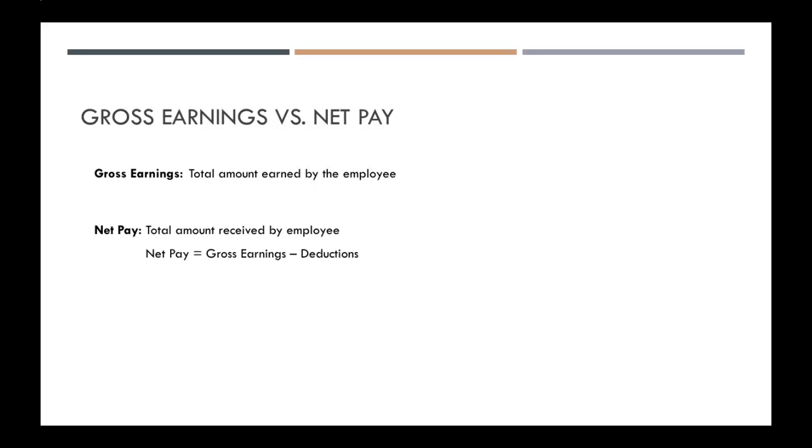So the net pay is the amount of money that's actually on that paycheck. That's the net pay for the employee. So your net pay is going to be less than the gross earnings for that employee.